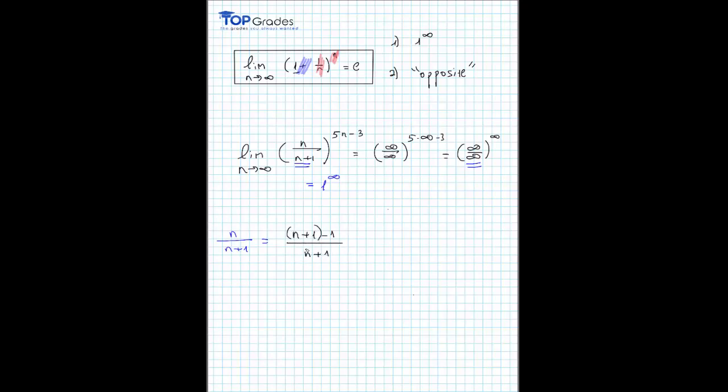What's happening? Remember at the beginning I showed you that if a plus b divided by, let's say, c, will be a over c plus b over c. The same happened here. n plus 1 divided by n plus 1 is 1 minus 1 over n plus 1. So what we did, we created 1.